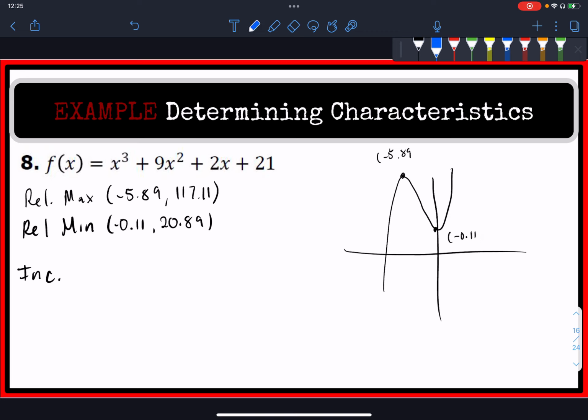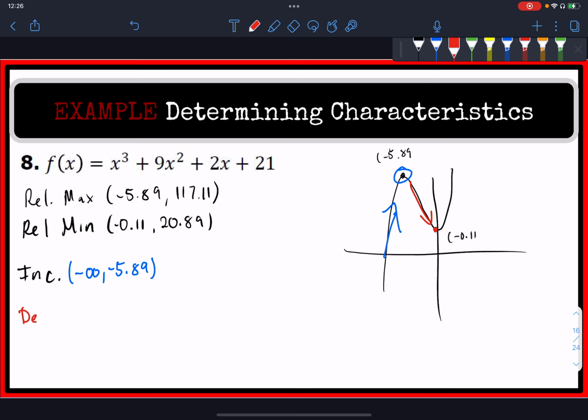Because from left to right, the graph starts by going up. We're increasing from negative infinity until we reach this point right there where the x value is negative 5.89. And then it starts to decrease until we get to that minimum value there.